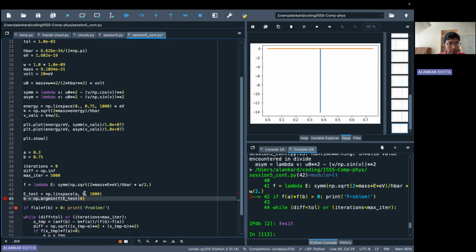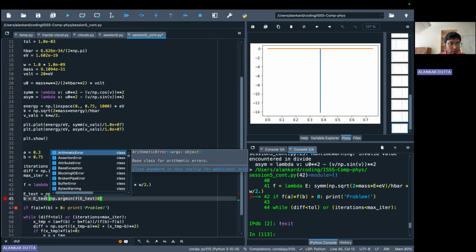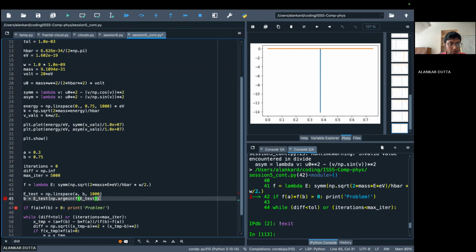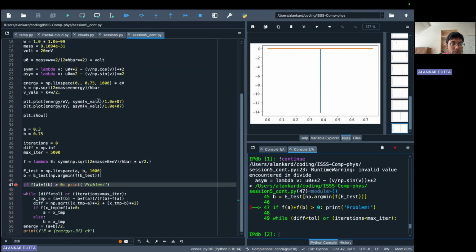And then this is E_test, right? So this really gives me the function where I want, and closing the bracket. So let's see if this works or not. This is where I know that the function will be negative because here the function is positive and I have found the minimum value, so this is going to give me the negative value for this one. So let's save this and try to debug this code.